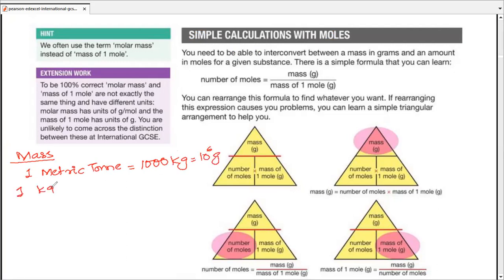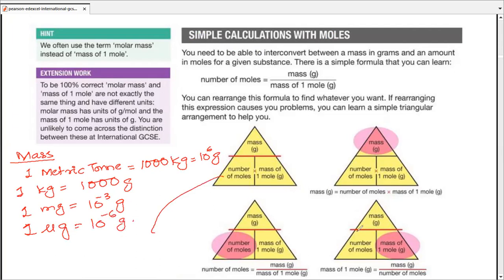So 1 kg is equal to 1,000 grams. 1 mg is equal to 10 raised to power minus 3 grams. And 1 microgram, which might not be a question in exams, but you should know just to be on the safe side. So these are the 4 conversions in case of masses.